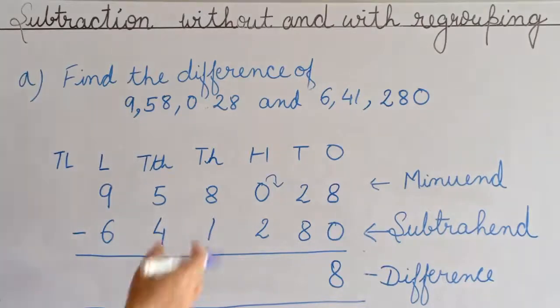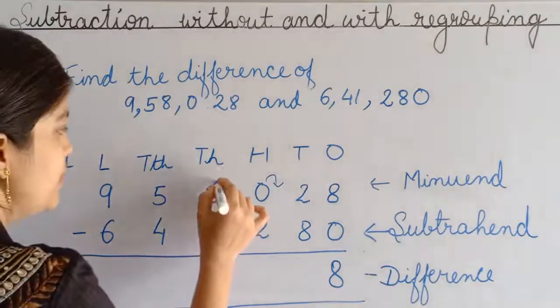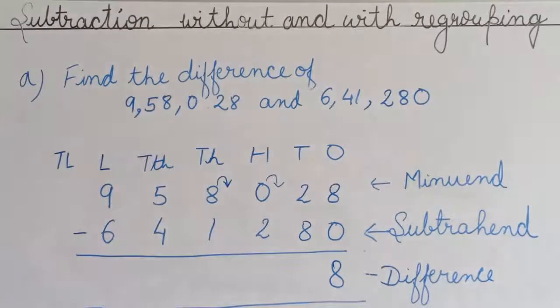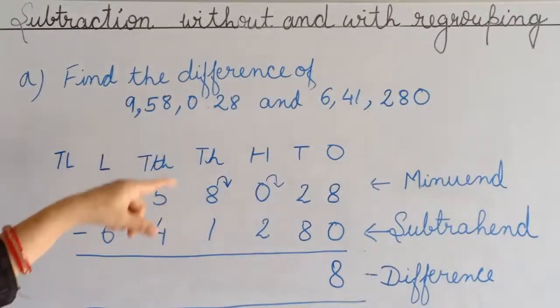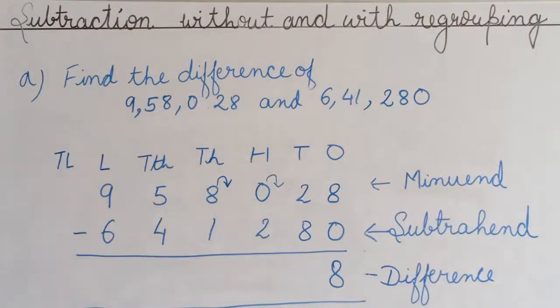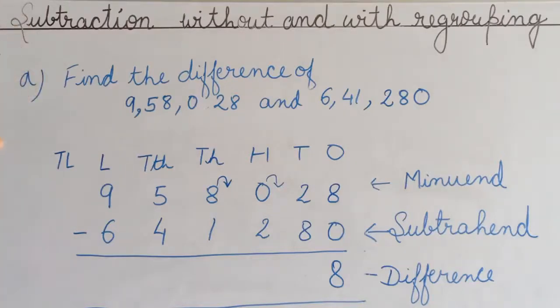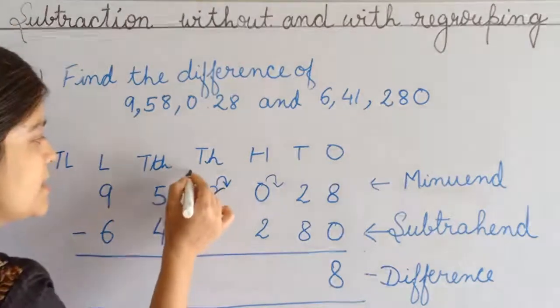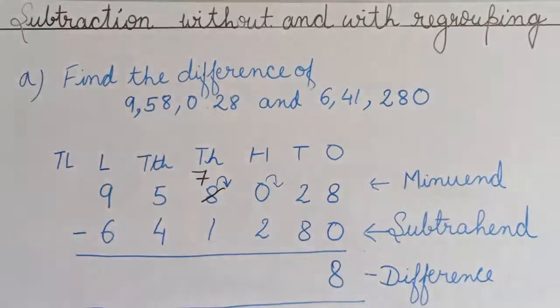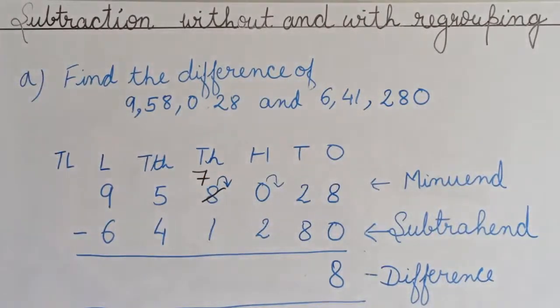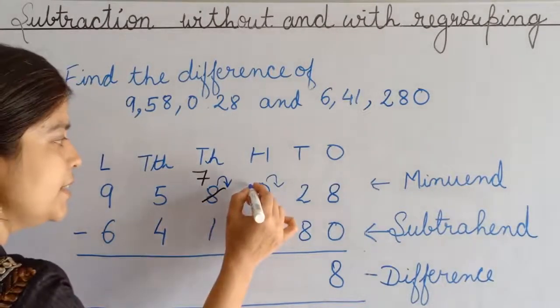But the 100 place is also not having anything to give. So this 100 will ask 1 from 1,000. This 100 asks 1,000 from 8,000, and this 8,000, after giving 1,000, will become 7,000. And we know 1,000 is equal to 10 hundreds. So this will become 10 hundreds now.